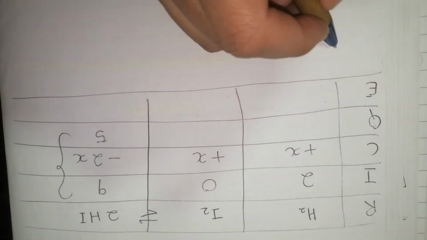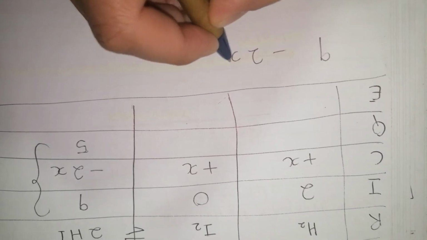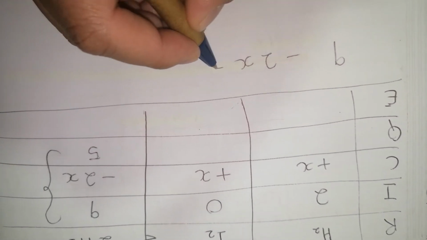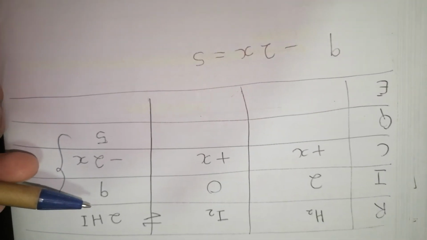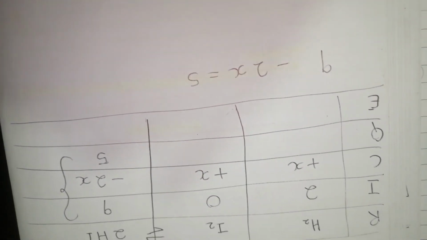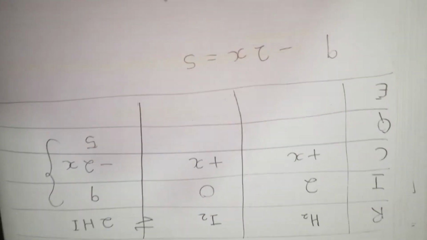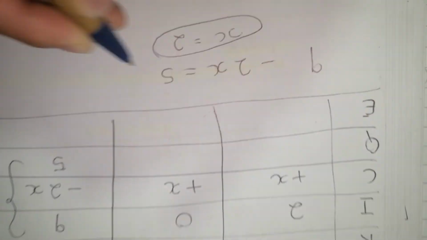You're going to say 9 minus the 2x is equal to the 5. So you're always just working from initial right up to equilibrium, and you're just writing it as is in terms of an equation. And from here you are going to solve for x, and you will get an answer of 2. So x is equal to 2.